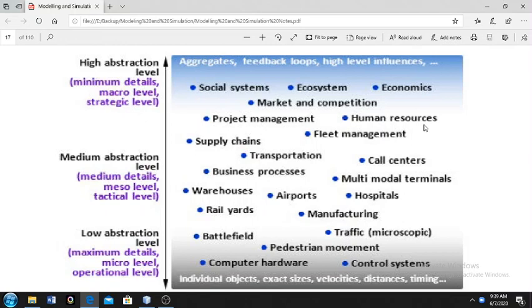The most complex system you cannot understand is human beings, like social systems. How humans behave, you cannot predict that. Humans are living systems, and their interaction and dynamics are very complex to understand. Human resource is very complex.